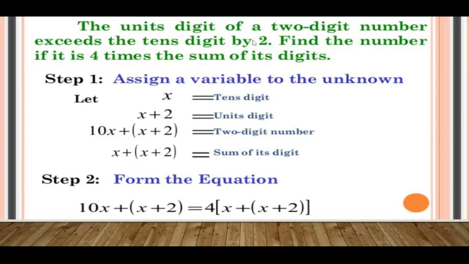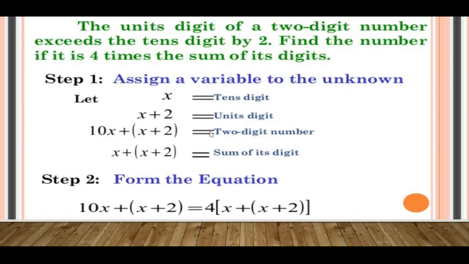So in the question itself, it's clear that units digit is given in terms of tens digit. So tens digit, the basic one, has to be let as a variable. So we'll let it as x. Units digit is 2 more than the tens digit, right? So it is x plus 2.